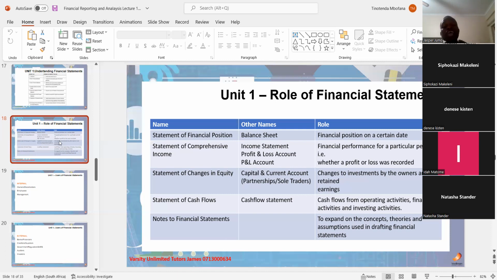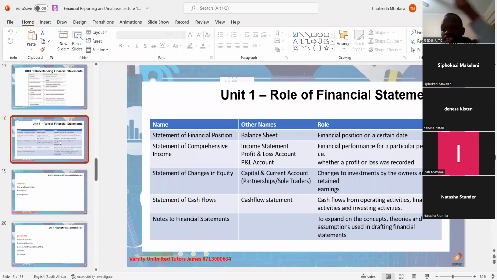You need them to know what rules did you use, what frameworks did you use, how were certain things done. Right. So those are the notes. Usually, if you go to the Johannesburg Stock Exchange and download those accounting reports, you notice that there's a section which says notes to financial statements, and it's like 10 pages long. These are just notes to support.